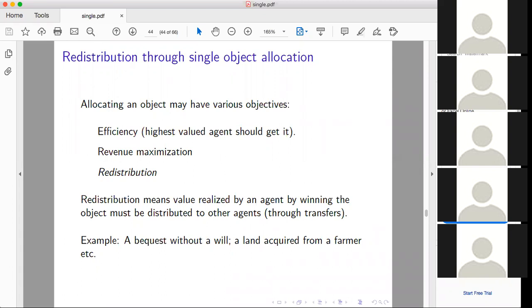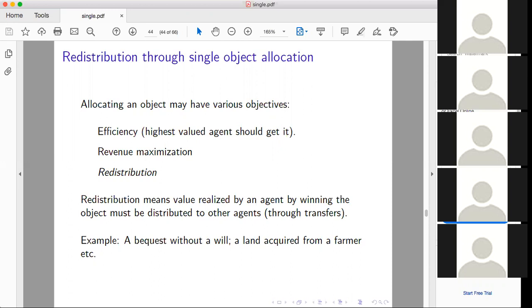The basic point here is to think of a society which is trying to allocate some object, and by allocating the object, one of the agents will realize a value for the object, but the objective is to redistribute the value gained by this agent amongst all the agents in the society.